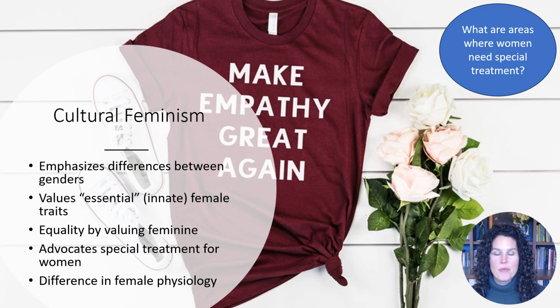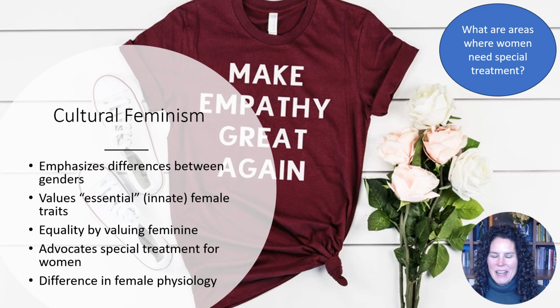So cultural feminism is in contrast to liberal feminism, and it really emphasizes differences between genders. It's often called essentialism or essential feminism, thinking about what might be essential female traits associated with your biology, like being more peaceful, more nurturing, more emotional, more expressive. And we see lots of research in this vein, like all the brain research that women's brains are better at multitasking, right?